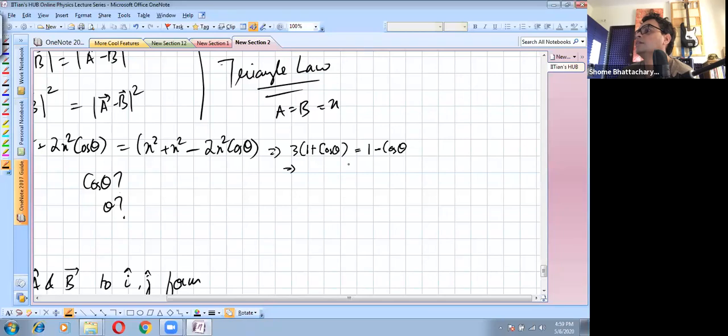From this, we'll get 3 minus 1, that is 2 cos theta is 1 minus 3. Sorry, 3 plus 1. So 4 cos theta is equal to, so we'll get cos theta as minus half. So that will mean that theta is equal to 150 degrees.